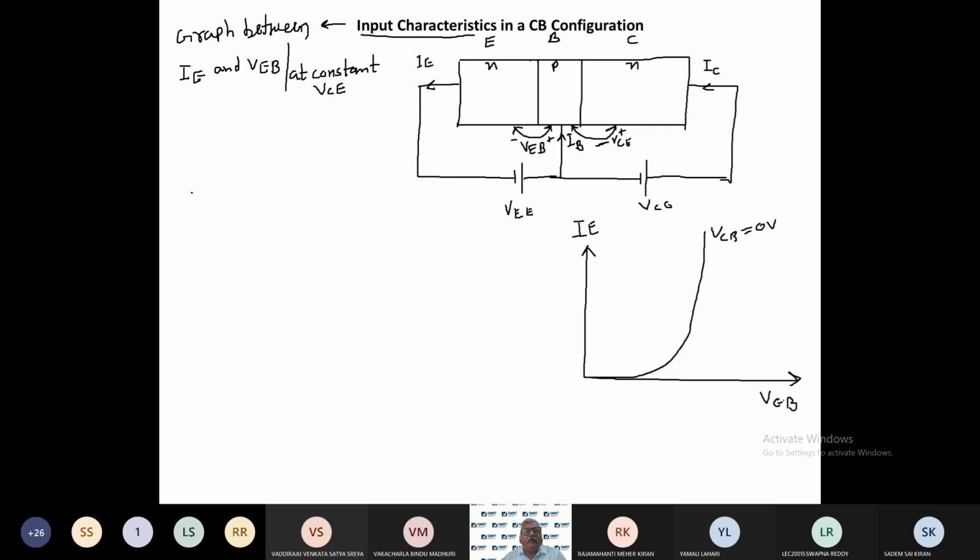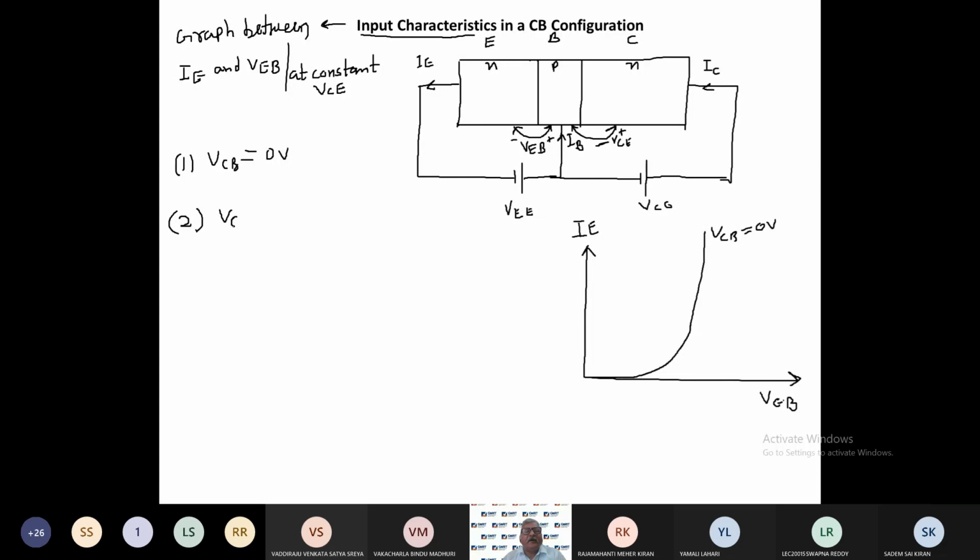Now we will draw the graph when VCB is 0 volt. This is first. Now what we will do, we will put some voltage at VCC.